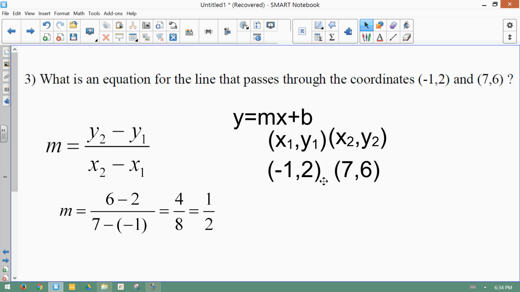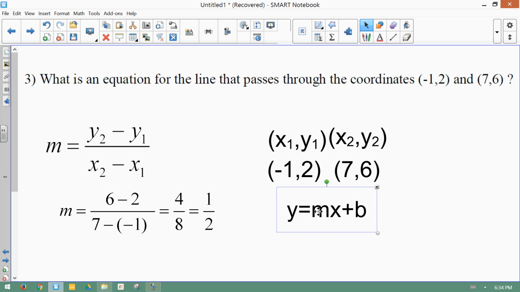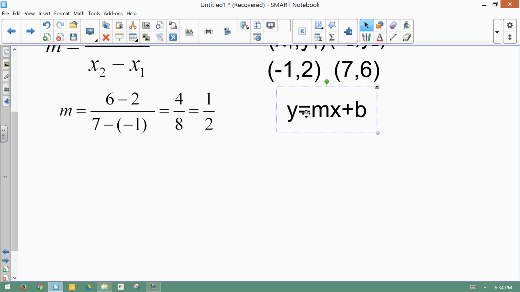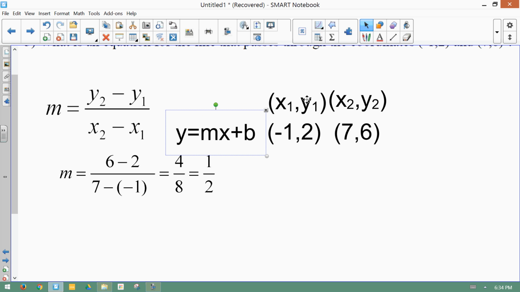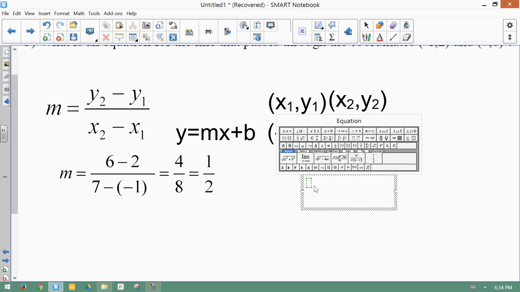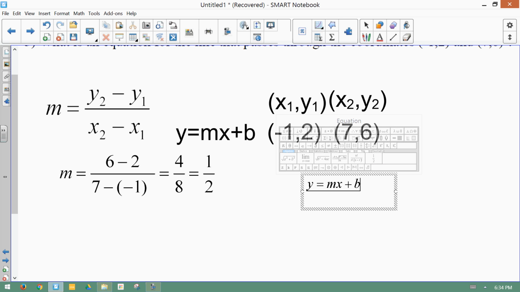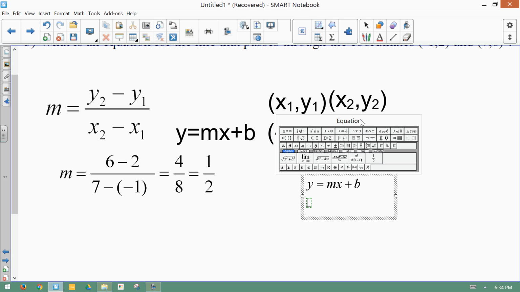Now, we don't have a y-intercept here, so we're going to have to find it. So let's take y equals mx plus b, and let's substitute in this equation. Let's see, I'm going to go y equals mx plus b. And we're going to pick, let's use a 7 and a 6 there.